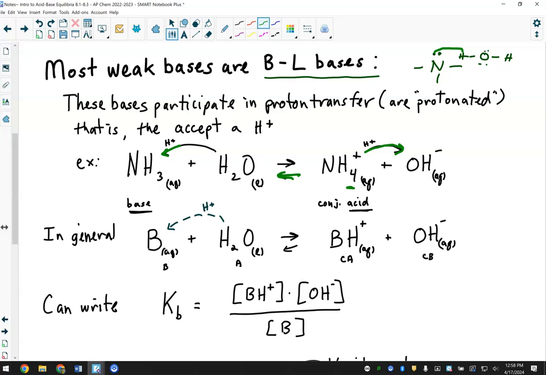So for NH3, you'd add a hydrogen and then put a plus, and then hydroxide. How would you write the Kb? Well, this is the concentration of BH plus times the concentration of hydroxide in the numerator. In the denominator, it would be the concentration of the base from the reactant side, and that would be the Kb.